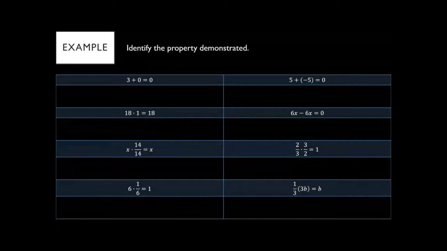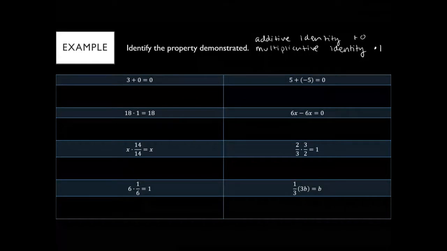So this is my only example, just to identify what properties are being used. Let me just write down our choices here. We've got the additive identity, which means you're basically adding 0 and it equals itself. The multiplicative identity, which means you're basically multiplying by 1 and it equals itself.